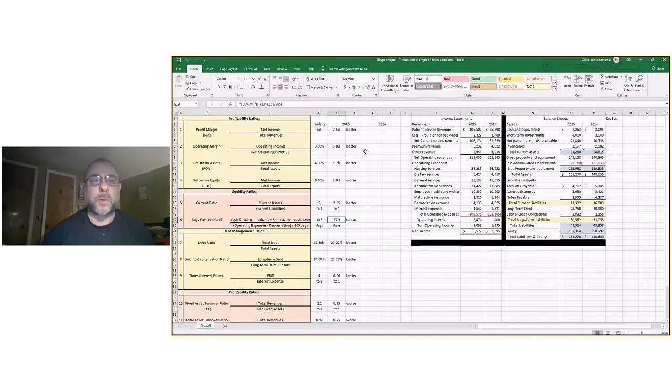So just real quick, for the profit margin, and I tried to make these parallel to the actual ratio itself. The profit margin is net income divided by total revenues.